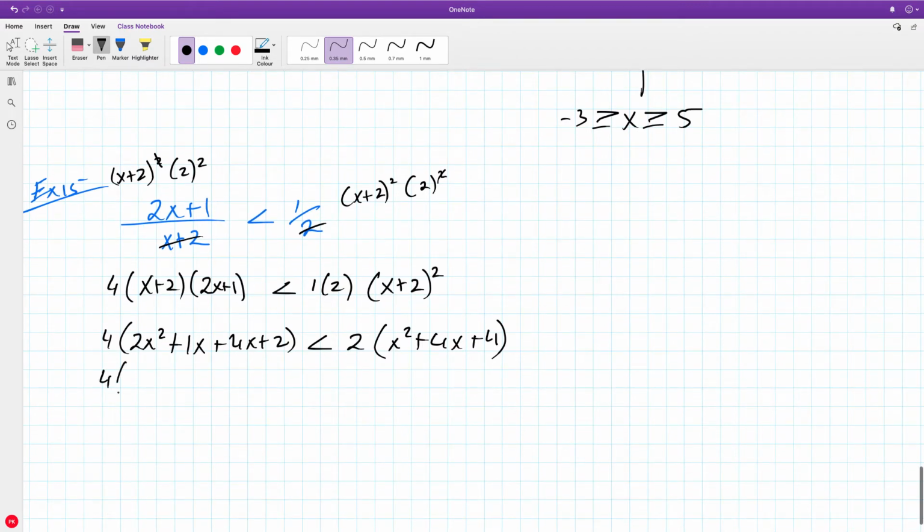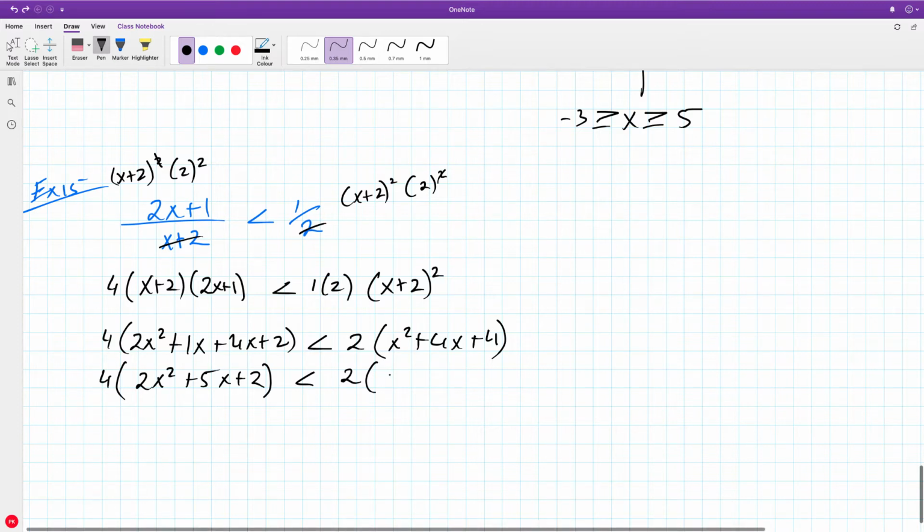That's 4 times (2x squared plus 5x plus 2) less than 2 times (2x squared plus 8x plus 8).